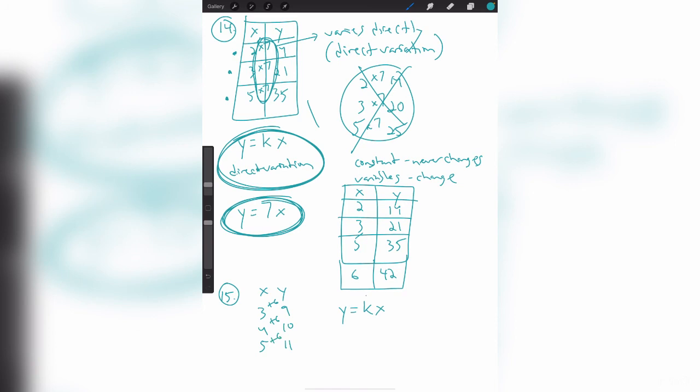But I'm looking more at multiplication through direct variation. So in this case, the problem says, for each function, determine whether y varies directly with x. I can just say y does not vary directly with x, because I can't write an equation that would give me a direct variation equation there.